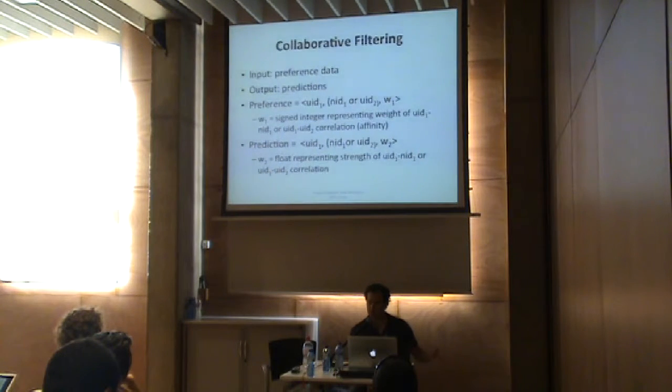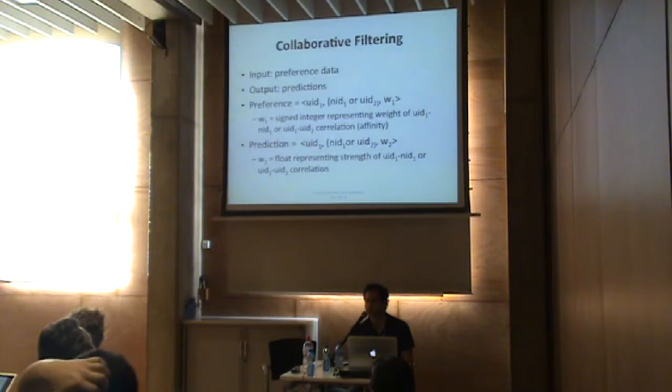And then what we want to do is put that into this black box, and we get back out predictions of which nodes and content, and users, other users with similar browsing habits or activity would be interested in. So just briefly, a preference is a tuple which contains the user, which is a UID in Drupal, and either a second user ID or a node ID. And then we associate with that couplet a sort of weight, which is really up to the helper module to determine.